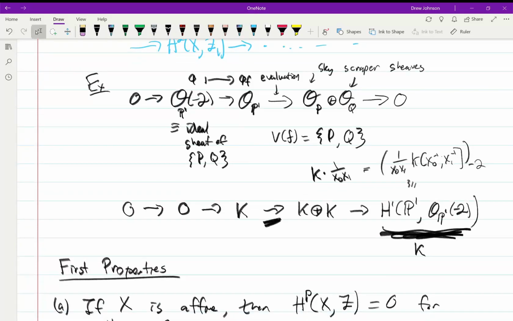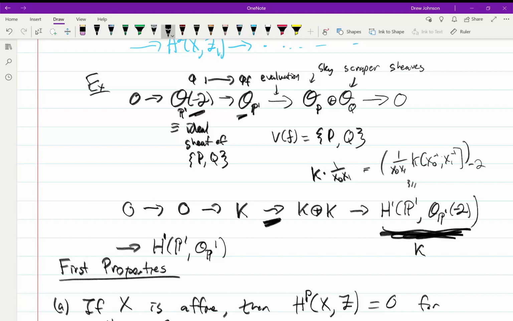What's the next group in the sequence? So let's go down to the next line. We did h1 of this thing here. So the next thing is h1 of the middle term. So I'll have h1 on P1 of O_P1. Now the calculation of the cohomology of the structure sheaf is included in the calculation of the Serre twisting sheaves, right? Because that's just the twist by 0.